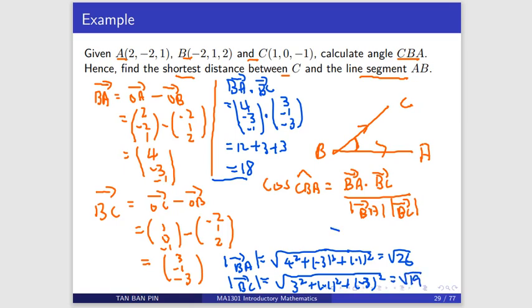So with that, you can substitute in here. Vector BA dot BC is 18. Then the magnitude of vector BA is square root 26, and the magnitude of vector BC is square root 19.